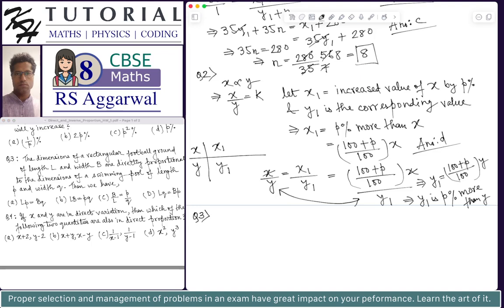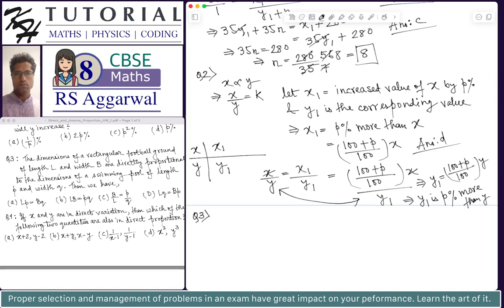When it is saying that the dimensions of the football ground are proportional to the dimensions of the swimming pool, it means that the ratio of the length and width of the football ground is equal to the ratio of the length and width of the swimming pool. That is what it means.